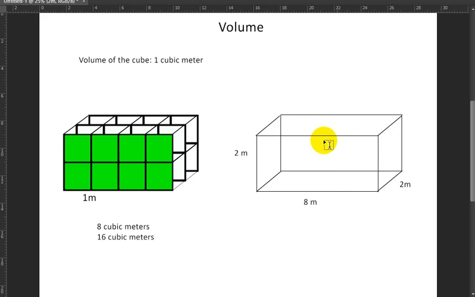But because it has some rectangles in it, so this face here, this face up here, the one in the back, and the one in the bottom, what we call it instead of a cube is a rectangular prism. In Greek, we would call it orthogonio parallelepipedo.